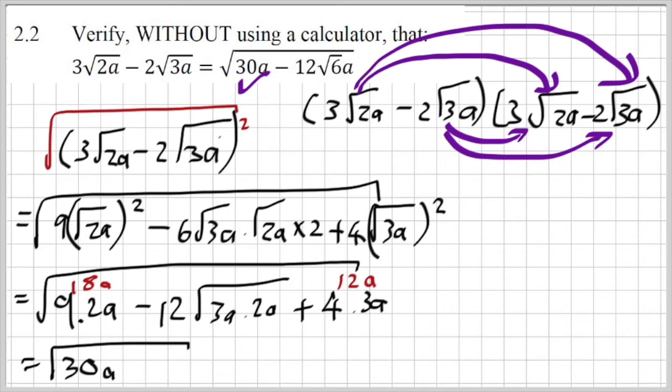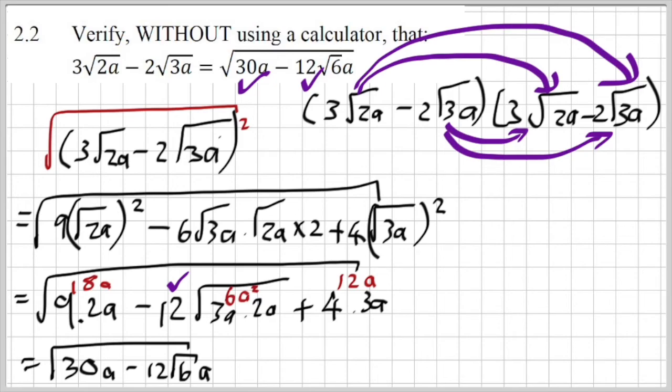If I now look, oh my goodness, I've got a 12 as well. So that is fantastic. So I'm going to write it there. But now, what is the root of 3a times 2a? Let's first multiply that out. Well, that's 6a. The root of, whoa. Why is that just an a? Okay, let me take it step by step. Inside the root, I have 3 times 2, which is 6, and a times a, which is a squared.